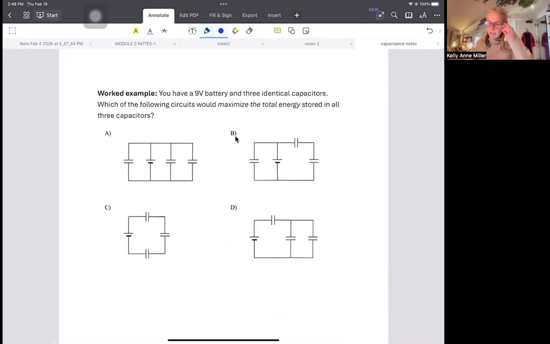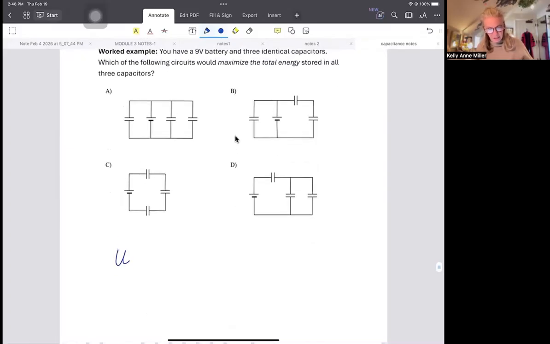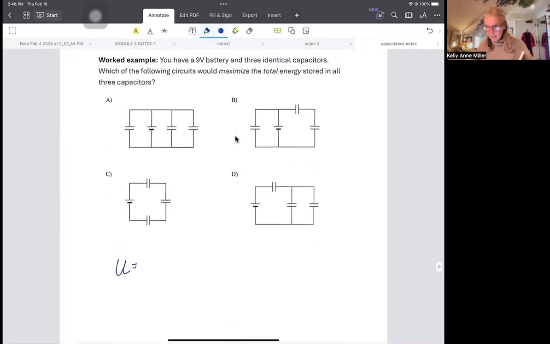Okay, so basically we're looking for the configuration that, if we think about what potential energy is in the context of capacitors, potential energy is the capacitance times the voltage squared over 2.